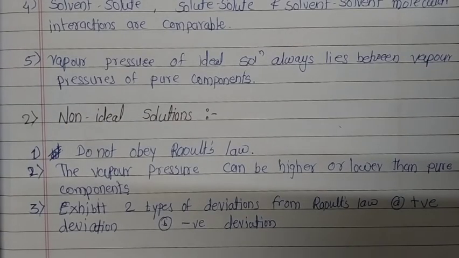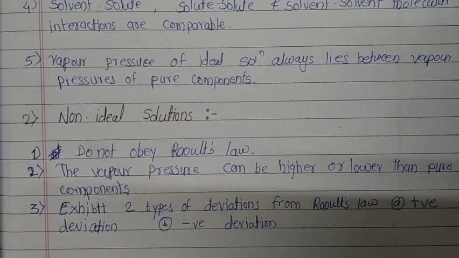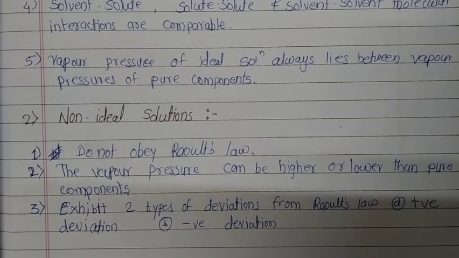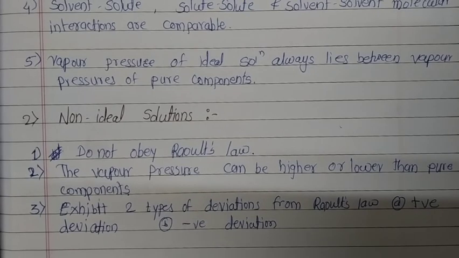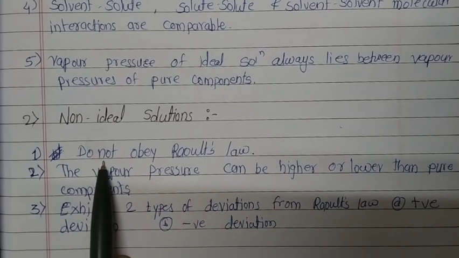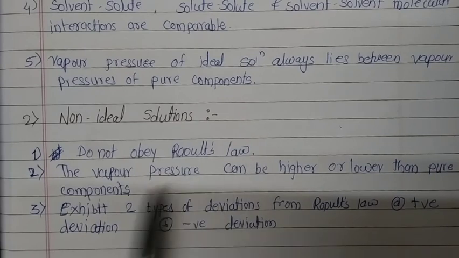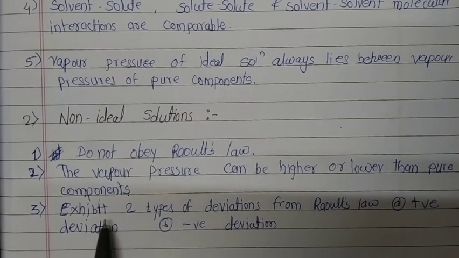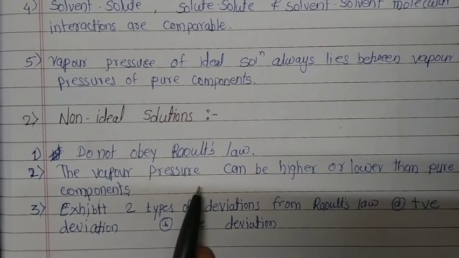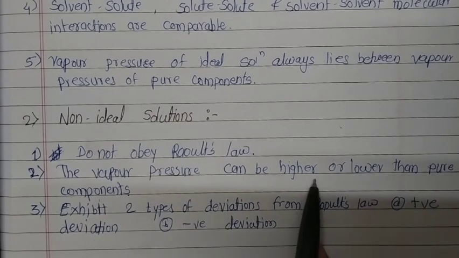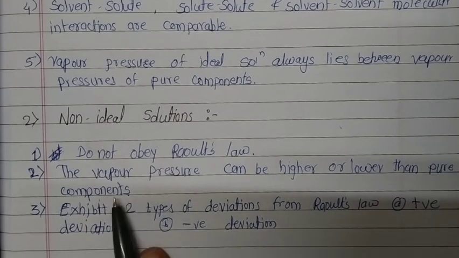Now second is the characteristics of non-ideal solution. First, the solutions do not obey Raoult's law over the entire range of concentration. Second, the vapor pressure of these solutions can be higher or lower than those of the pure components.